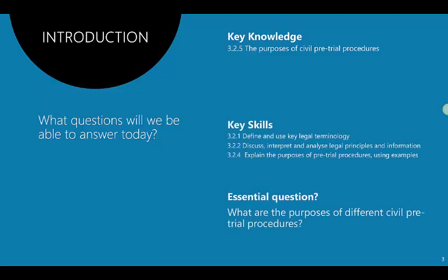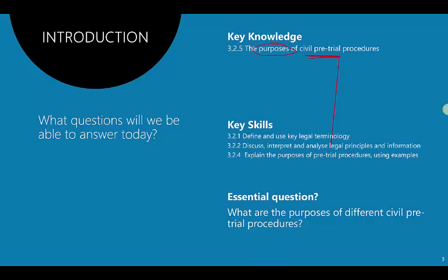So we'll whip through this one pretty quickly. We are today looking at civil pre-trial procedures and particularly the purposes of them. What these slides will include is, straight up, the purposes of civil pre-trial procedures, just that direct information.